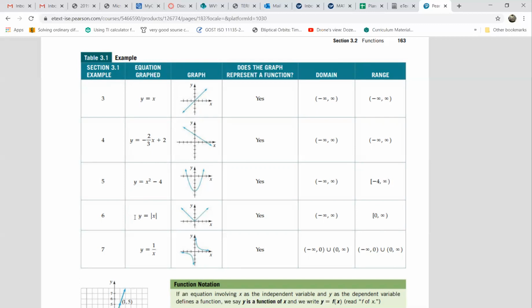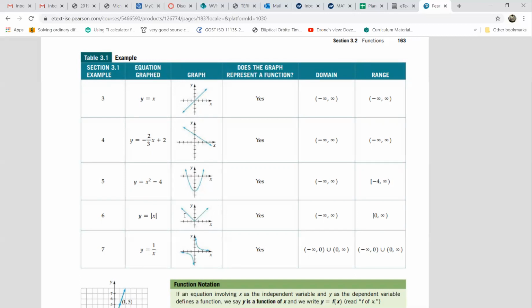Also for y equals to absolute value of x. Absolute value function has a V shape. Is this a function? Of course. Since the graph passes vertical line test, it is a function. The domain, the function continues to both sides.